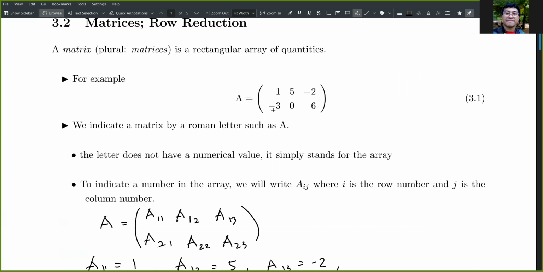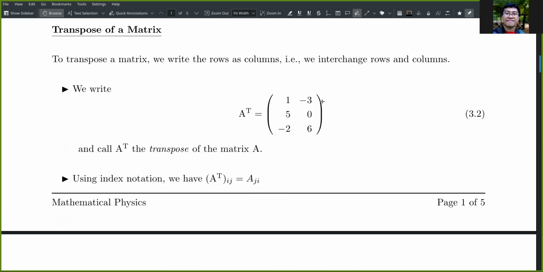The row minus 3 0 6 becomes this column minus 3 0 6. A superscript T is the transpose of the matrix. Using index notation, the elements of A transpose, ij, are just equal to the matrix elements of A, ji.